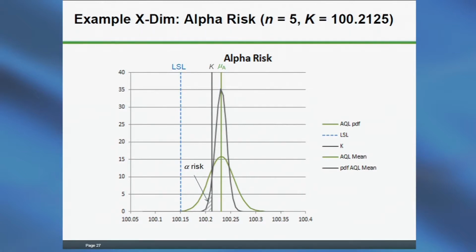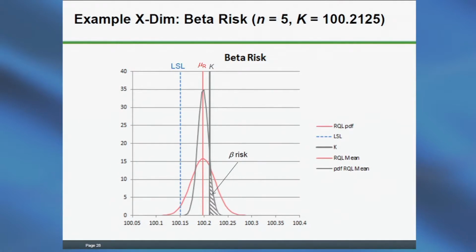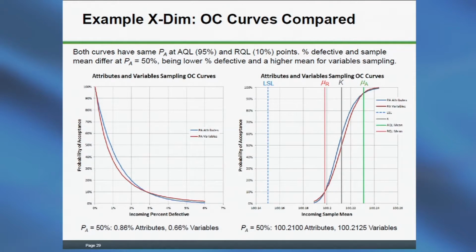On the other hand, we could also have a mean mu R, shown in red over here. When we measure the distribution of the sample of 5, that's the narrower normal distribution shown in black there, there is a risk, beta risk, that we could have it be above that K value, and we end up accepting bad product. Okay, so that's how the alpha and beta risks are portrayed to do the actual calculations for generating the sample size and the K values.